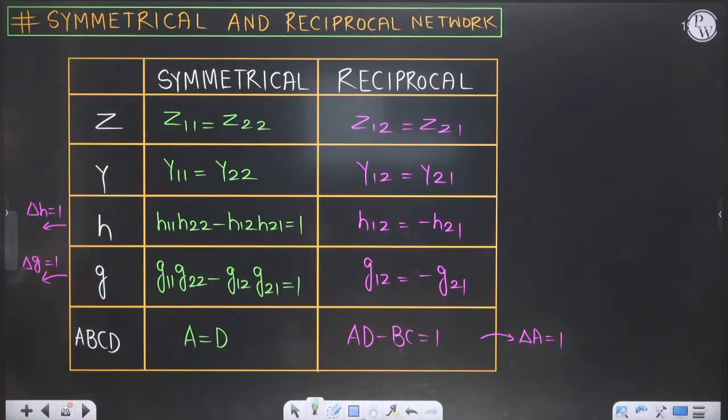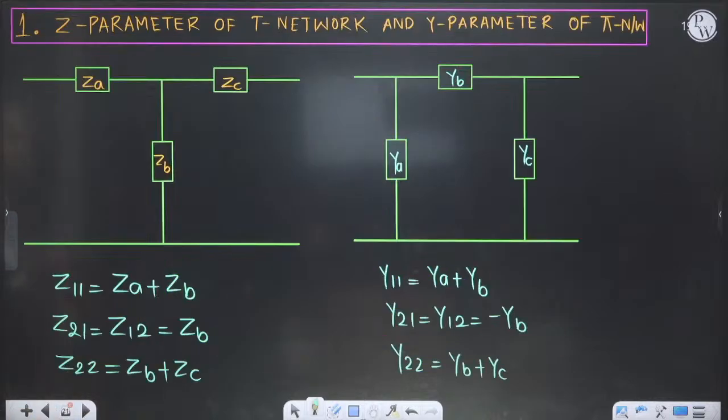In lecture 5 I taught you the symmetrical network condition and the reciprocal network condition. You have to remember this point. Then Z parameter for T network and Y parameter for pi network.